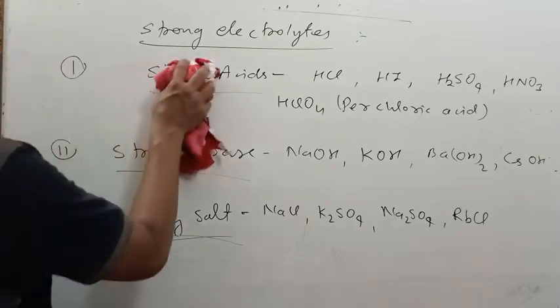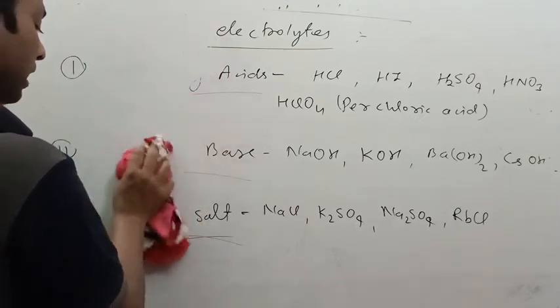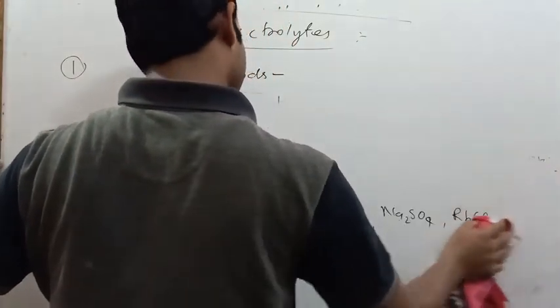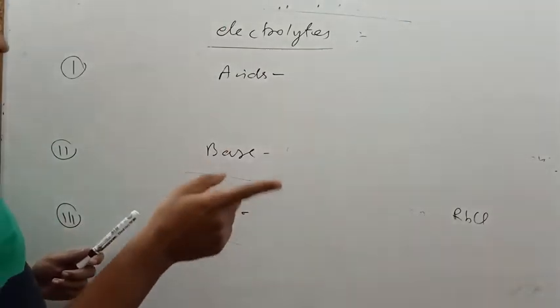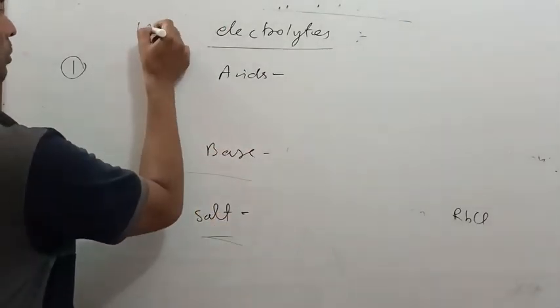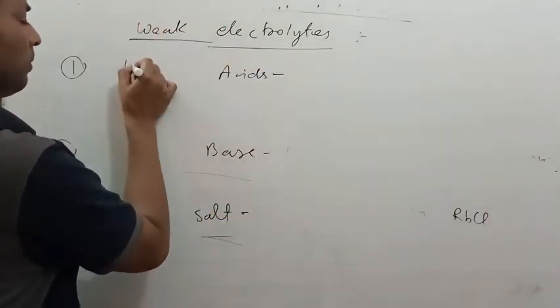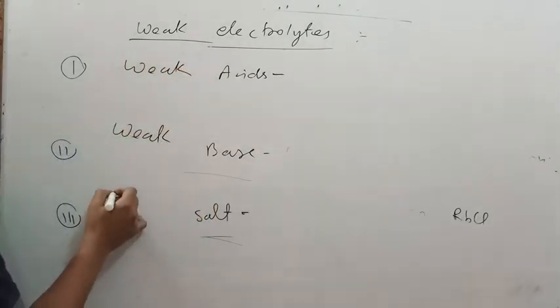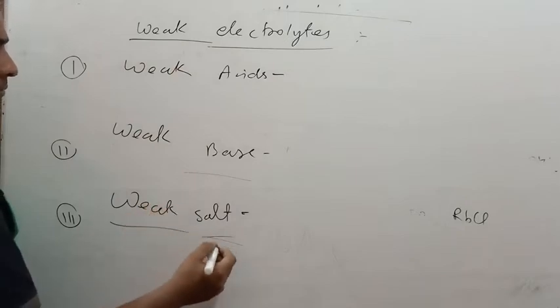Okay, same. Weak electrolytes are also three types, the same kinds: weak acid, weak base, and weak salt.